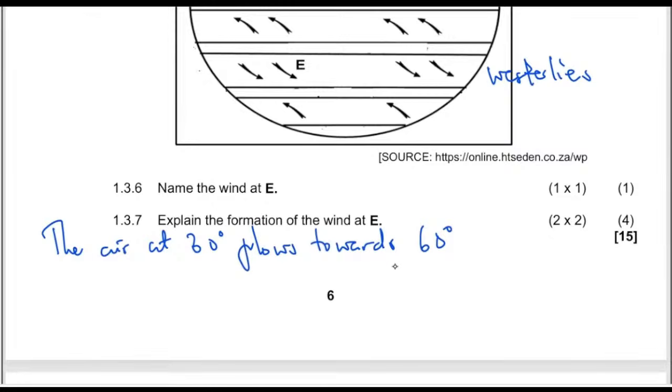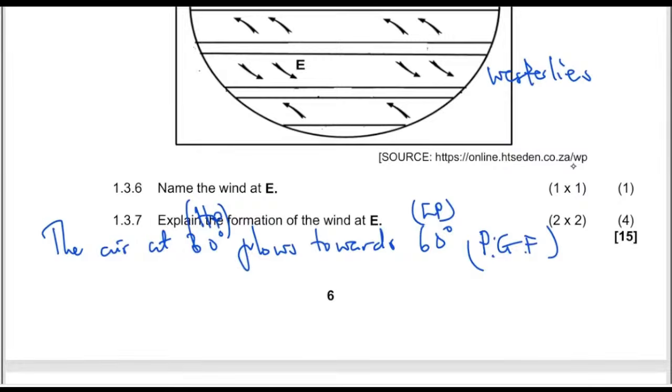So the air flows from 30 to 60 because of pressure gradient force. Coming from 30 is a high pressure cell and 60 is a low pressure belt, so air moves from high pressure to low pressure because of pressure gradient force.